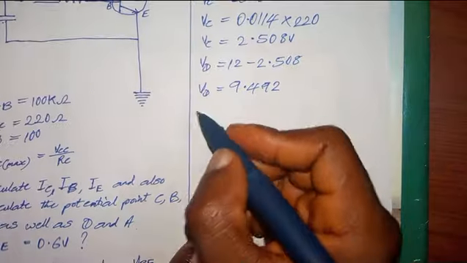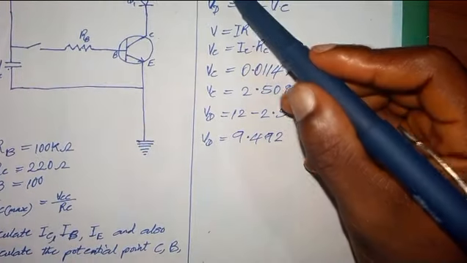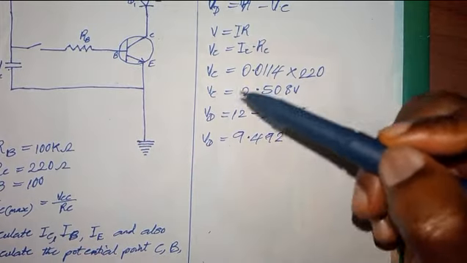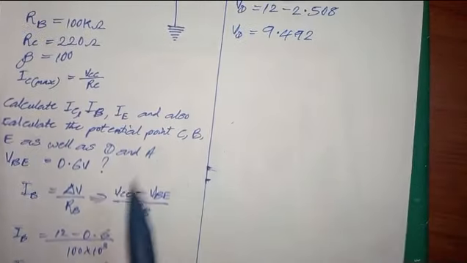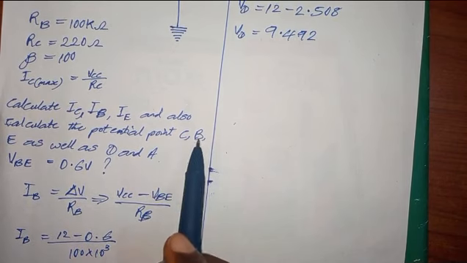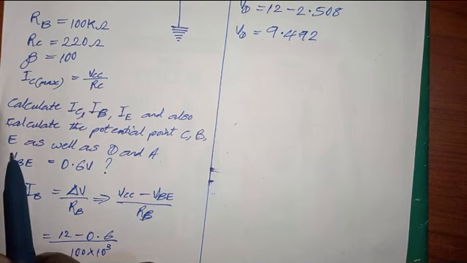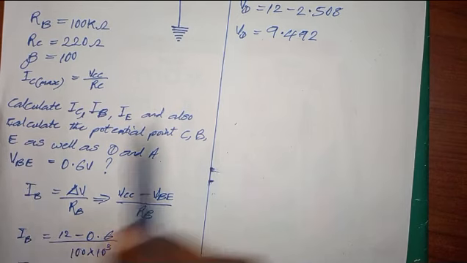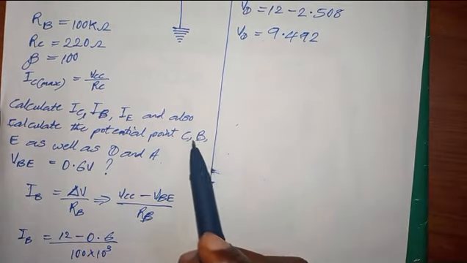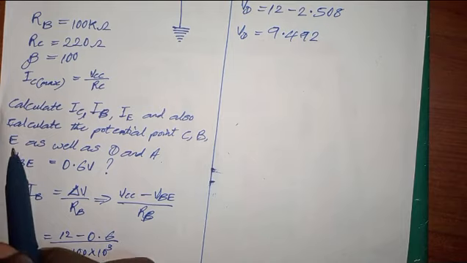And moving forward, we know VA, VD and VC. We know them, but the only values that I did not explain are VB and VE.